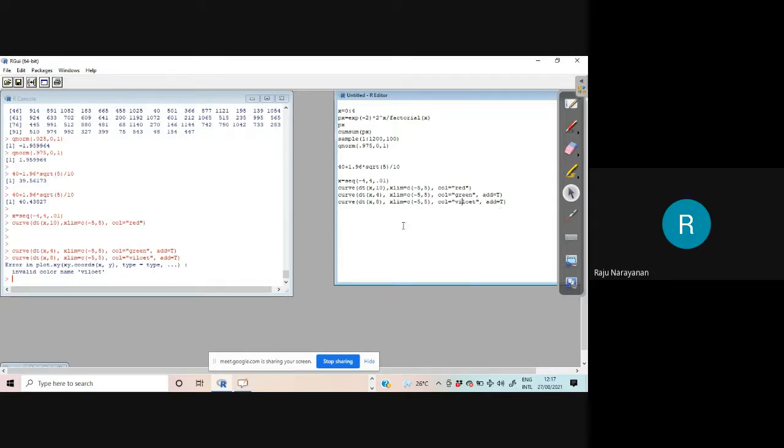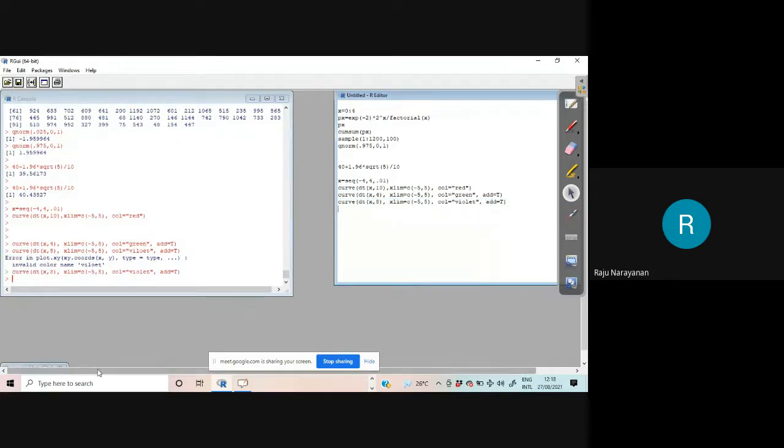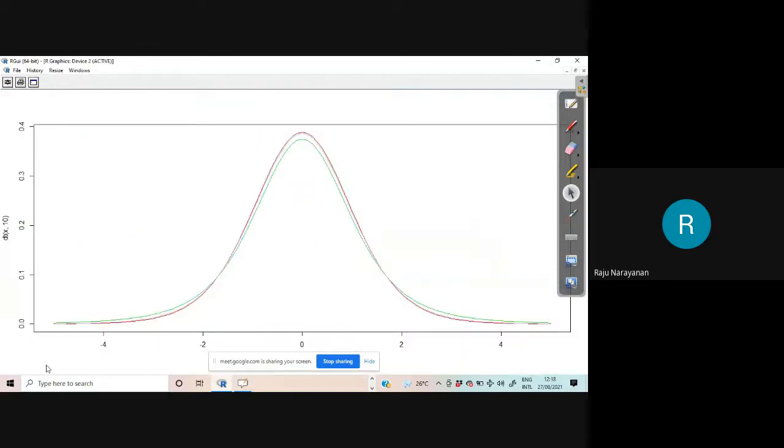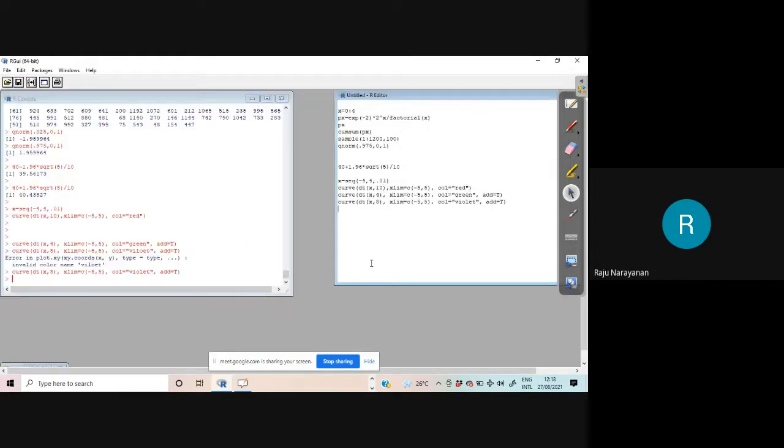It is not seen. The error means it is saying that you are not careful. Okay, that is the meaning of that. Now, you can see here it is going somewhere, because violet and red, they are similar. This is the reason.